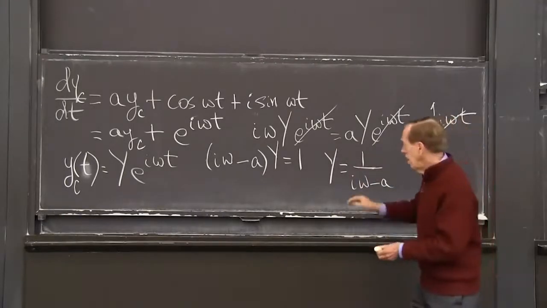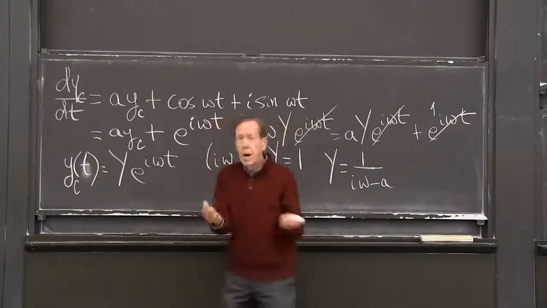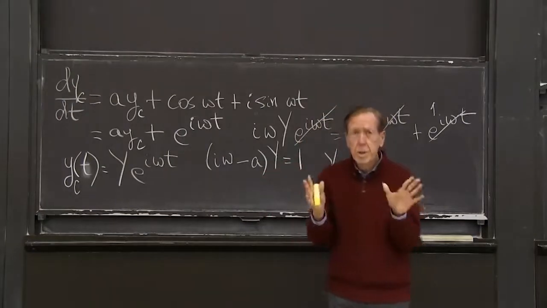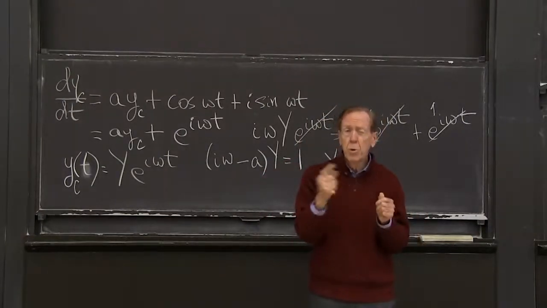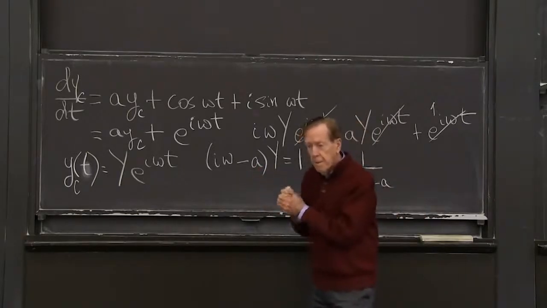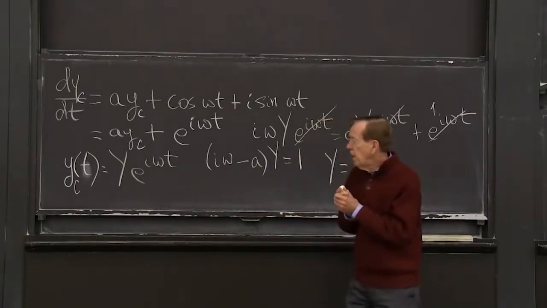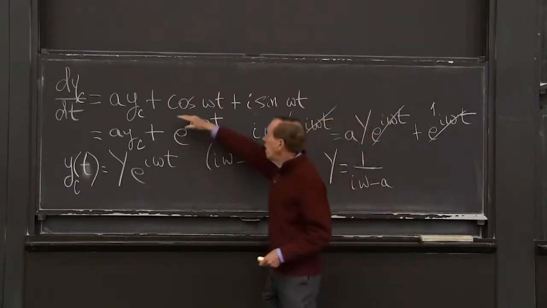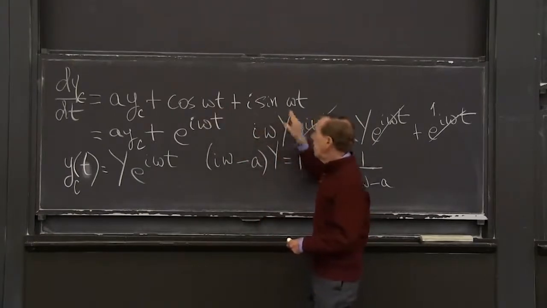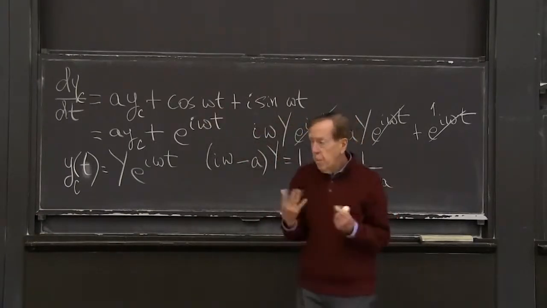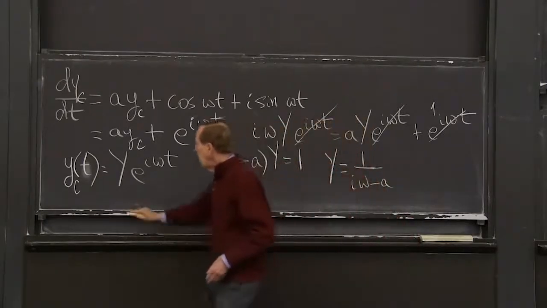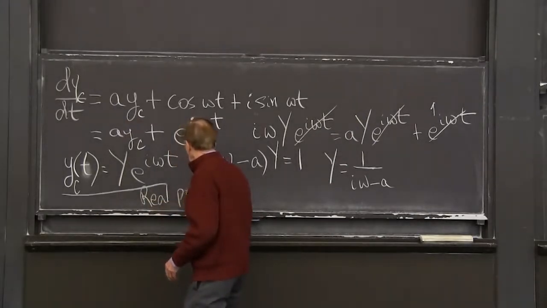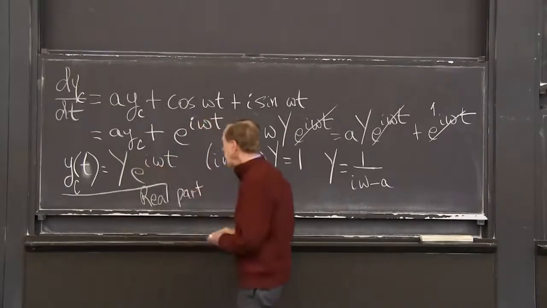Now, if I put that in here, I have the complex solution. But my idea is to use this complex solution to find two real solutions. That's really what this video is about. Using this complex source term to find the solutions for both cosine omega t and sine omega t. And the trick will be, here's my complex solution, I'll take the real part of this complex solution.